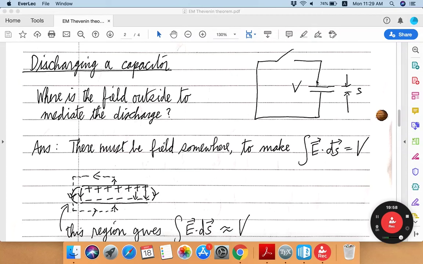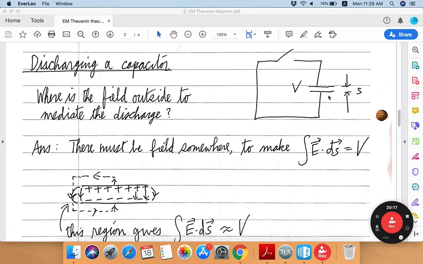And if there's no electric field anywhere along the circuit, and therefore the electrons do not move, then even after you close the circuit, charges will continue to pile up here.